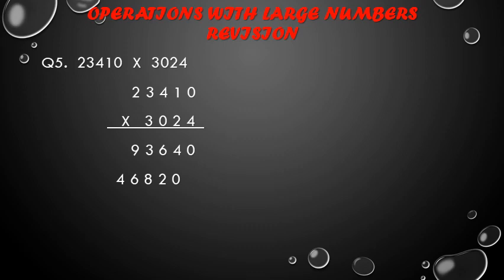Now, in the next step, we multiply 23,410 by 0 and we begin this multiplication from the 100 place. And we get 00000. Now, in the fourth step, we multiply 23,410 by 3 and we begin this multiplication from 1000 place.